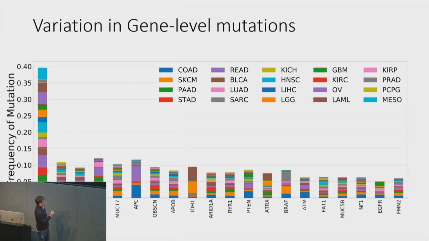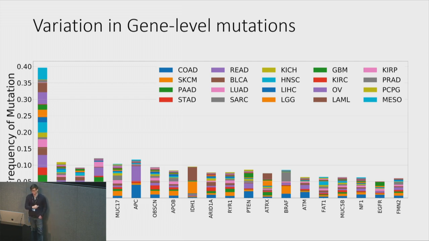One is that there's huge variability for any given gene, huge variability across cancer types in its relative frequency. The other thing to observe is that as soon as you get past the main gene TP53, the relative frequencies are extremely low.